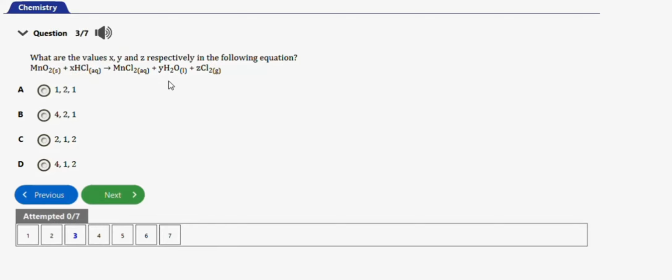So hydrogen is balanced. Oxygen is still 2, oxygen is still balanced. Manganese is still 1, manganese is balanced.